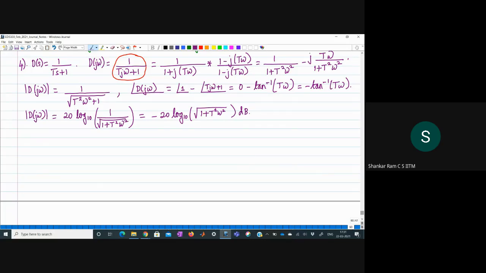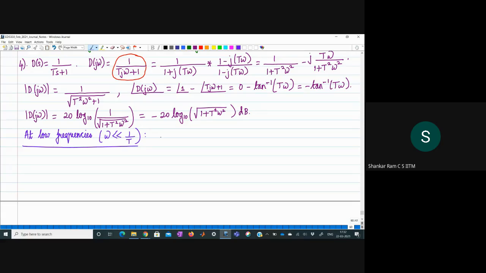Now, let's analyze this a little bit more. Let's look at low frequency. What do I mean by low frequency? Let me do this, and then it will become clear. Let us say frequencies are lower than 1 by T. Implicitly we are considering T to be positive.